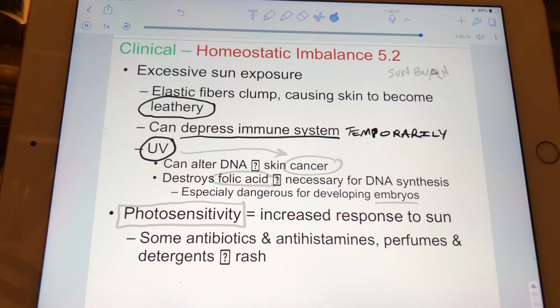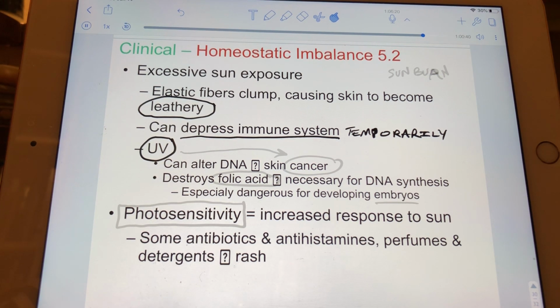Because if DNA becomes mutated, that increases the likelihood that those mutations will affect the regulation of the cell cycle, in other words, the genes that code for ensuring that cells don't grow out of control.